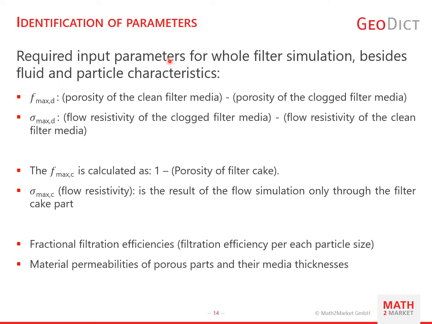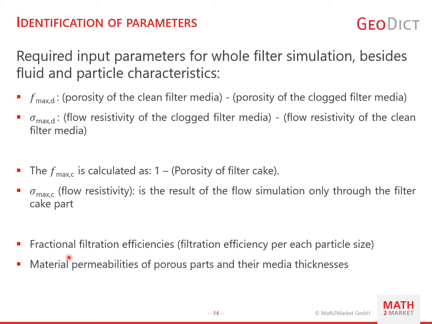So besides the fluid and particle characteristics, we need the following parameters as input parameters for the whole filter simulation. So I already mentioned we need the F max and sigma max for depth filtration and F max and sigma max for cake filtration, which can be computed with these formulas.